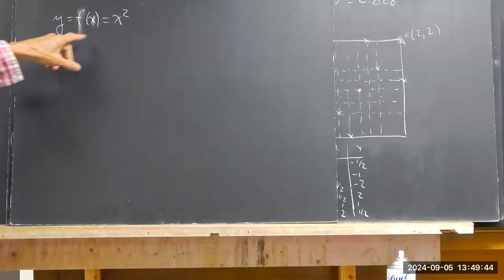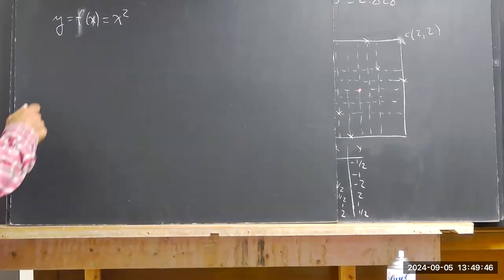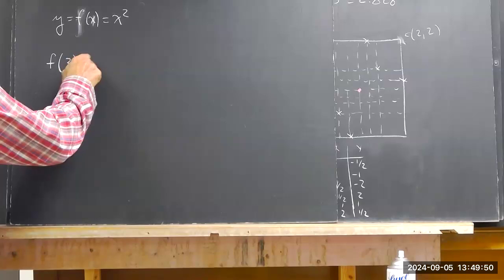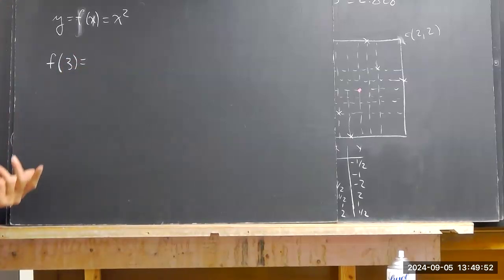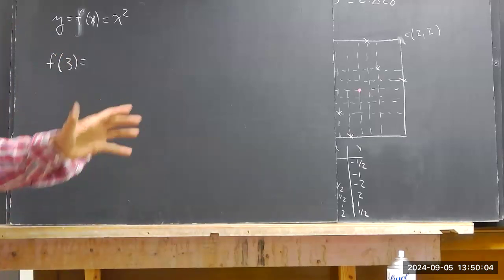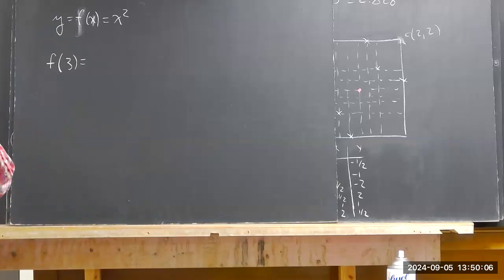Okay. F of x equals x squared. So F of 3 equals what? Somebody want to show me with the fingers? Well, you don't need that. If I gave you a bigger number, you wouldn't have enough fingers. Okay. What does F of 3 mean?